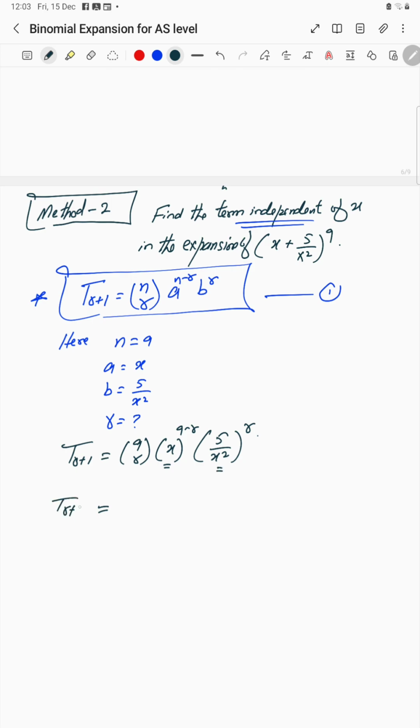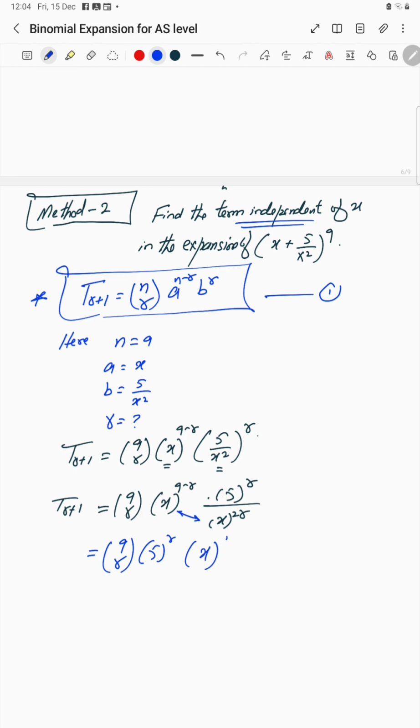So simplify a little: 9Cr, x power 9 minus r, 5 power r over x power 2r. By applying the indices rule here, we can shift these two terms of x into one. 9Cr like this, 5 power r this, and x raised to power 9 minus r minus 2r. I applied the property of indices here.